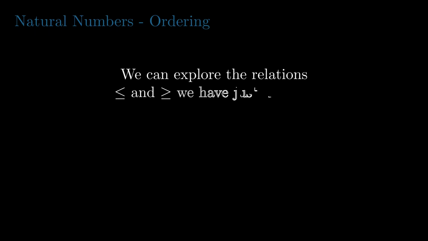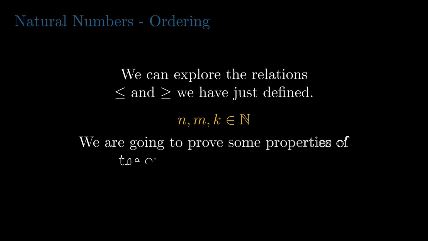However, now the interesting part. We can explore the relation less than and greater than we have just defined. Let's take three natural numbers n, m and k. We are going to prove some properties of the order for natural numbers.